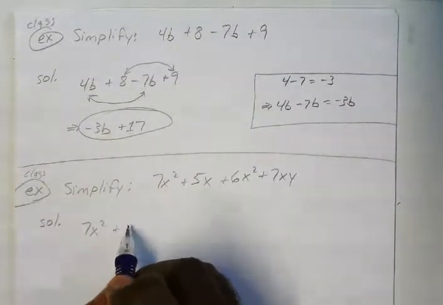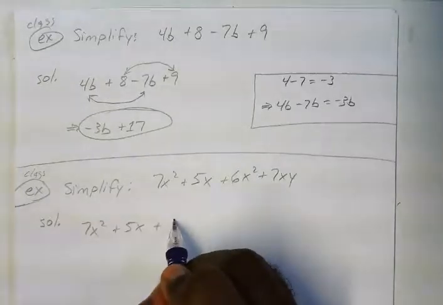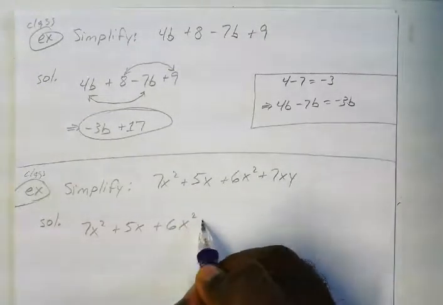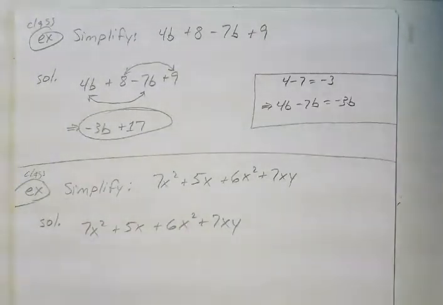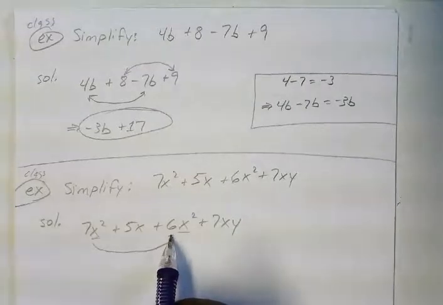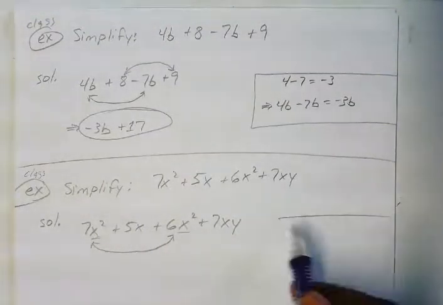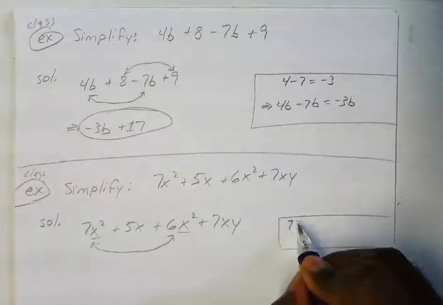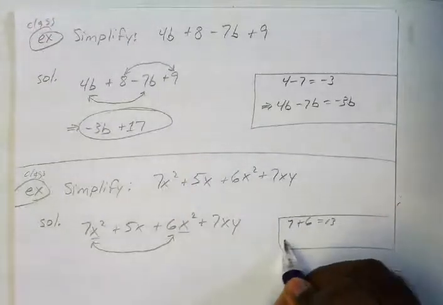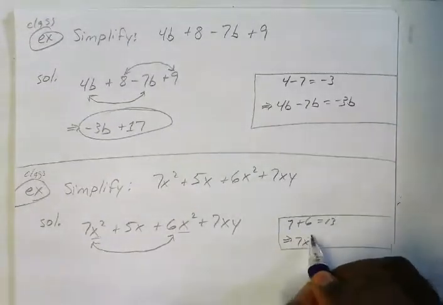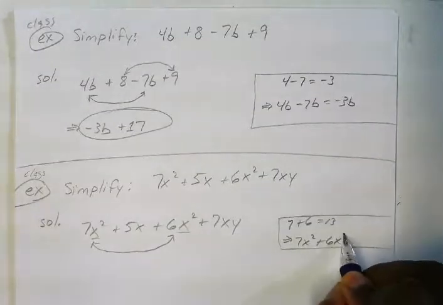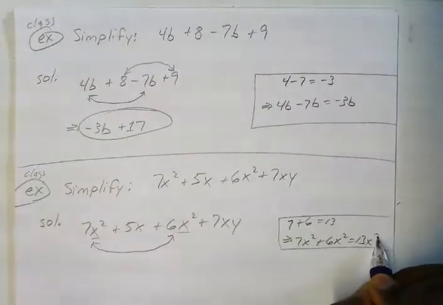So 7x squared plus 5x plus 6x squared plus 7xy. This x squared and this x squared can actually be combined. And again, 7 plus 6 equals 13, so 7x squared plus 6x squared is 13x squared.